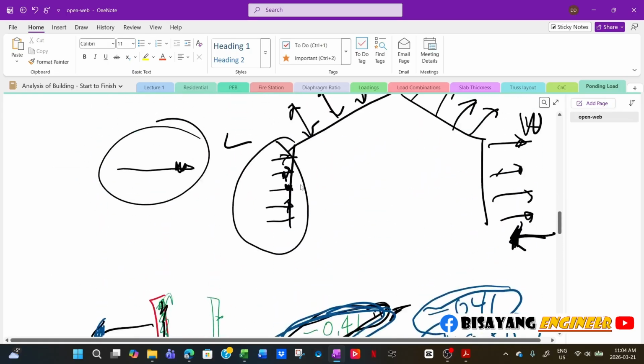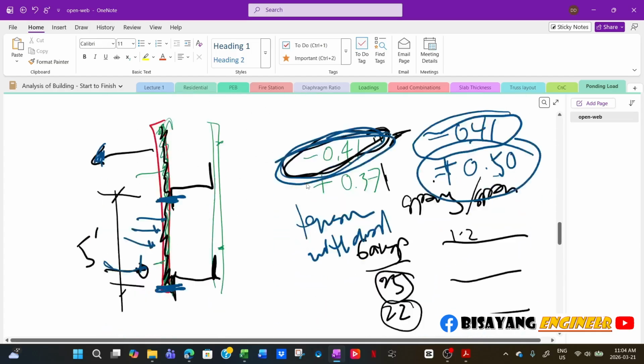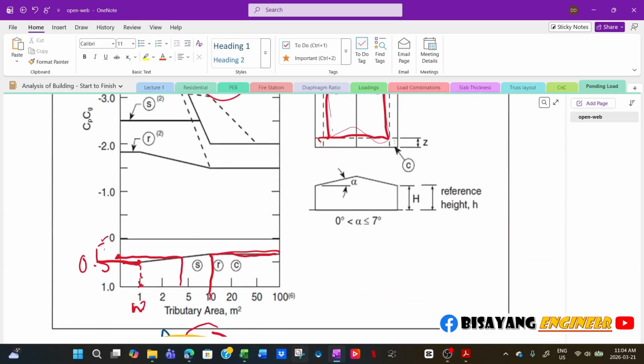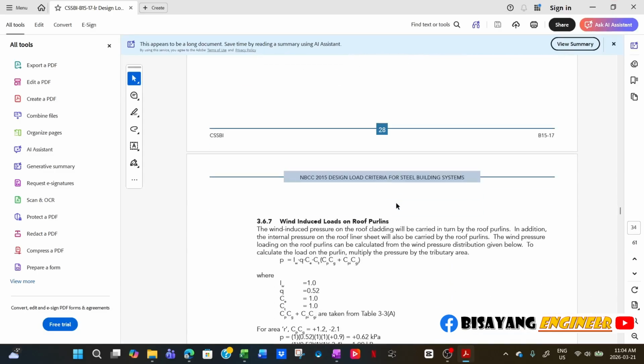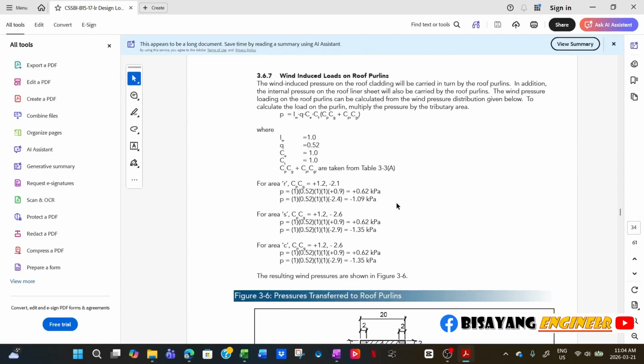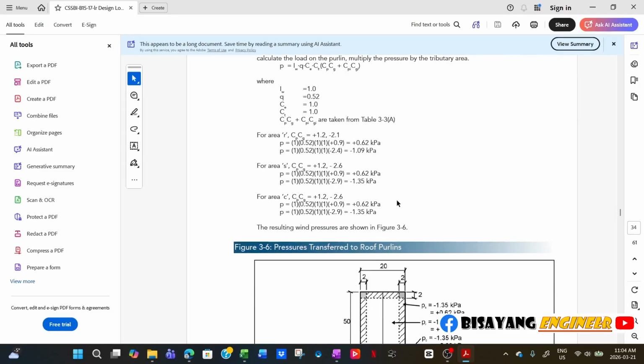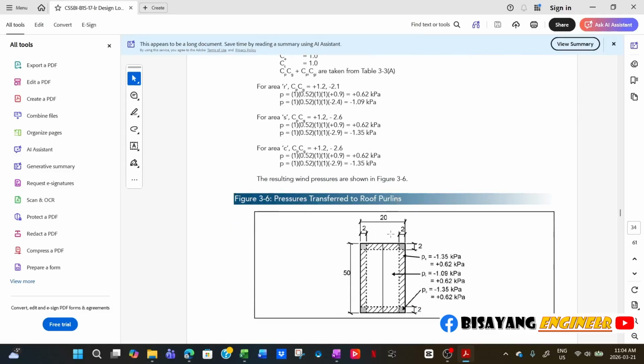Anyway, so we're done with the roof cladding and the internal liner. So what's next? The next one is roof purlins. Now, basically, for this coefficient you only add the external and the liner. That's what it is.